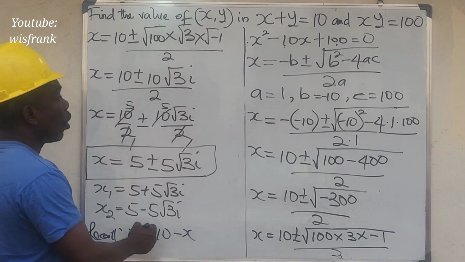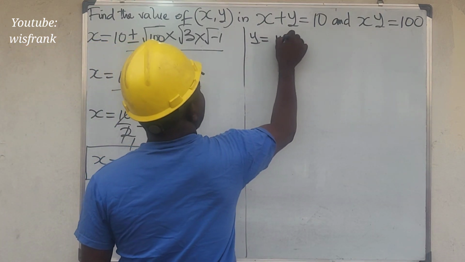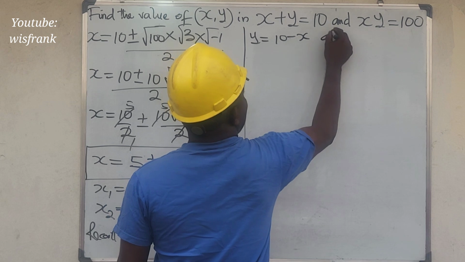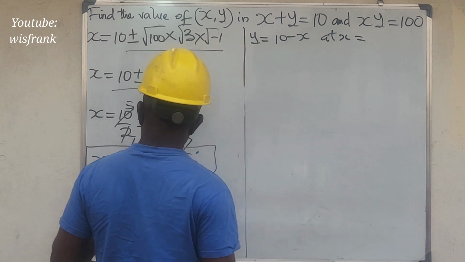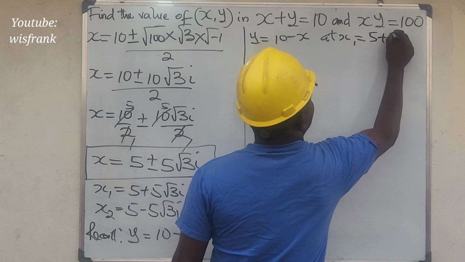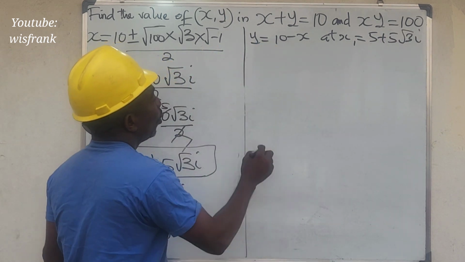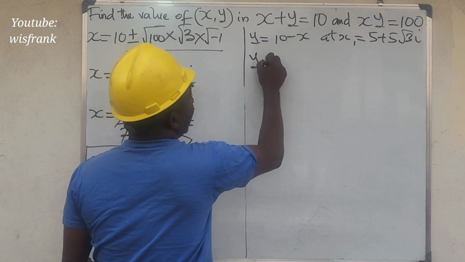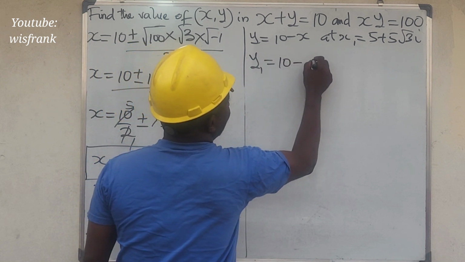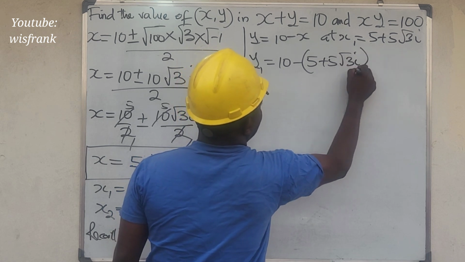So doing, we need to come over to this other side. We have here y equals 10 minus x. At x equals, let's take the first one, x1 equals 5 plus 5 root 3i. Substituting that into this equation, we have y1 equals 10 minus (5 plus 5 root 3i).